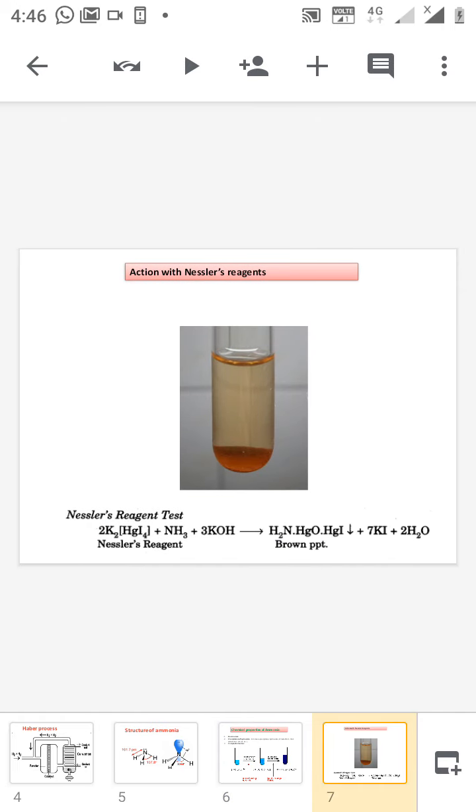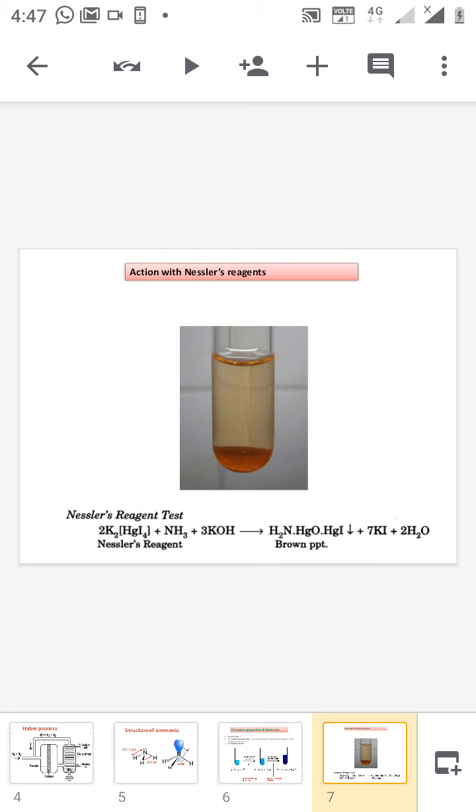Next is the action with Nessler's reagent, which we have already studied as a method for the identification of ammonia while doing the practical in plus 2 classes. Nessler's reagent is K2HgI4. When ammonia reacts with Nessler's reagent, we will get a brown colored precipitate, which is shown in the test tube.